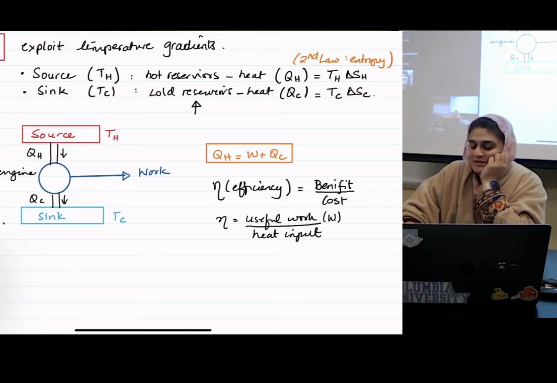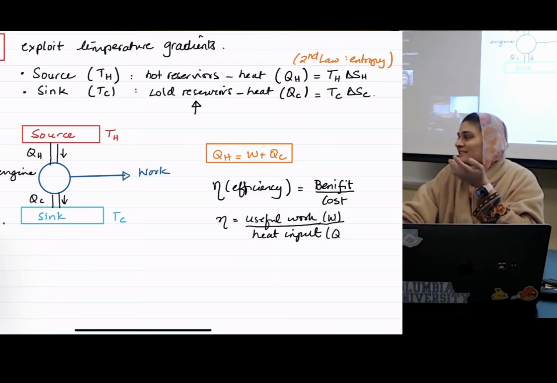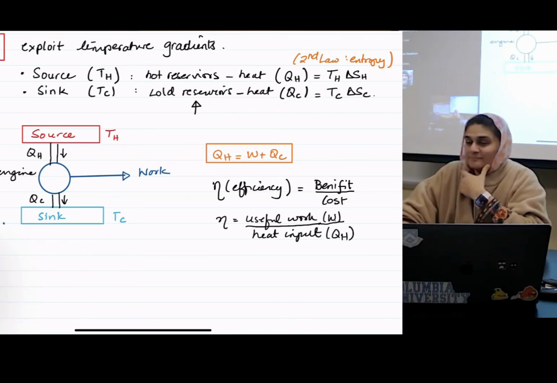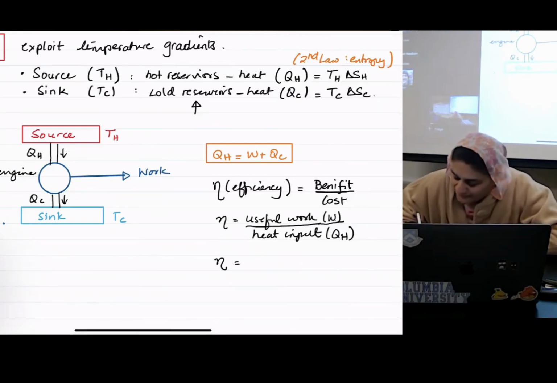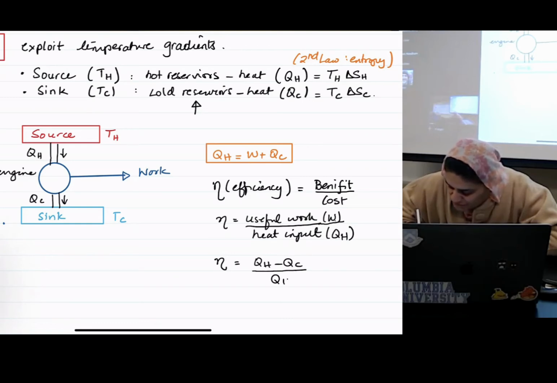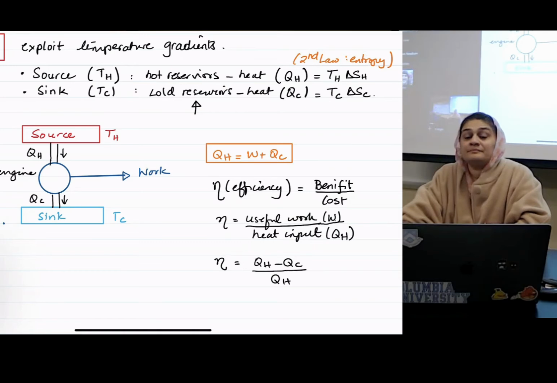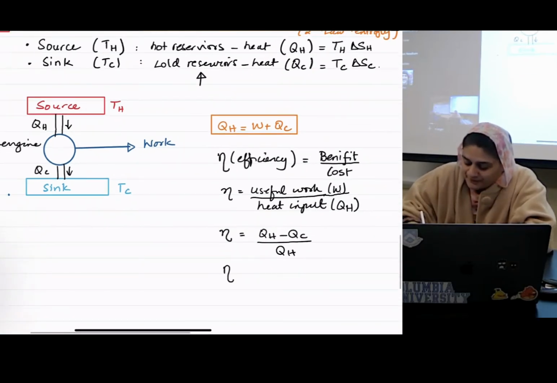W. What's the symbol for heat input? Q, which one? There's only two. It can be either H or C. Which is input? H. Are we good? May I rewrite this as QH minus QC divided by QH? Or eta will be given as 1 minus QC over QH.